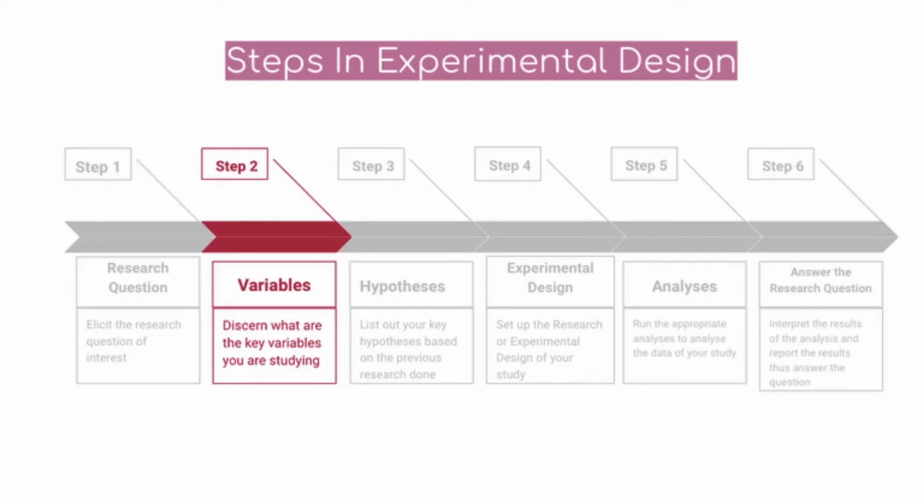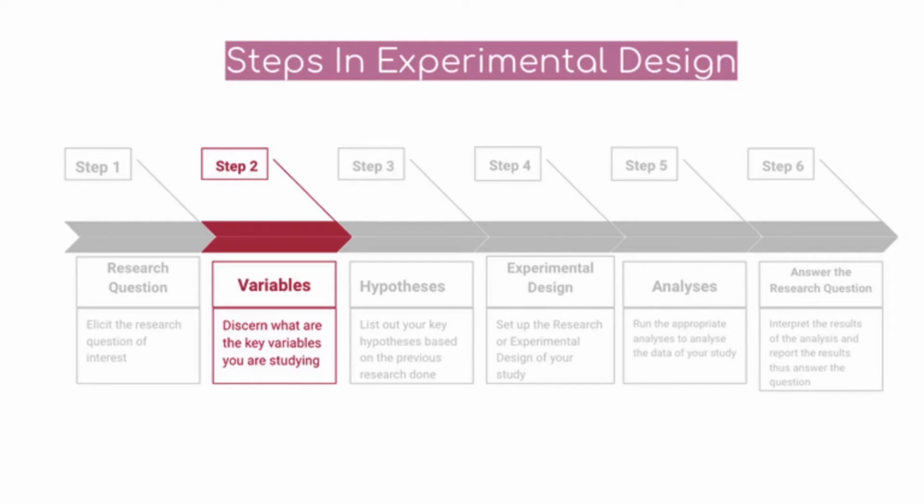In that, we could be interested in studying what the specific variables are, why they vary as they do, what the different dynamics of these variables are, and so on. Because of this, understanding what variables are, what their key characteristics are, and what the different types of variables are is very, very important. And it therefore forms a key step in designing an experiment.